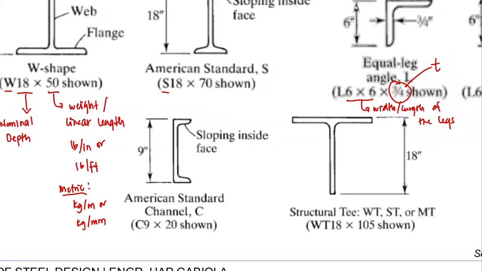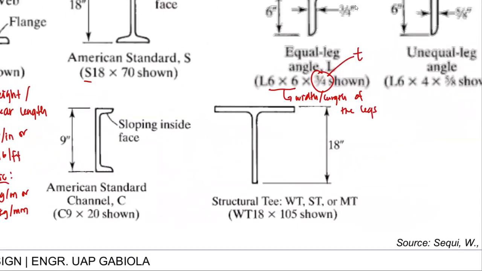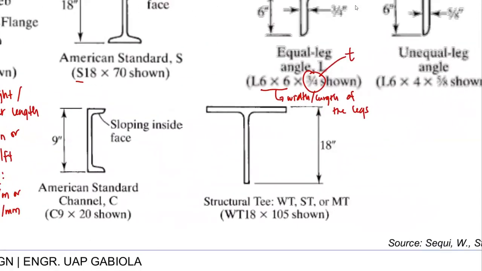And lastly, we have the structural T. For structural T, the designation is the same as W shape and S shape section, wherein the first symbol is for the shape designation, the first digit is for the structural depth, and then the second number or the last number in the name of the member pertains to the weight per linear length of our member.